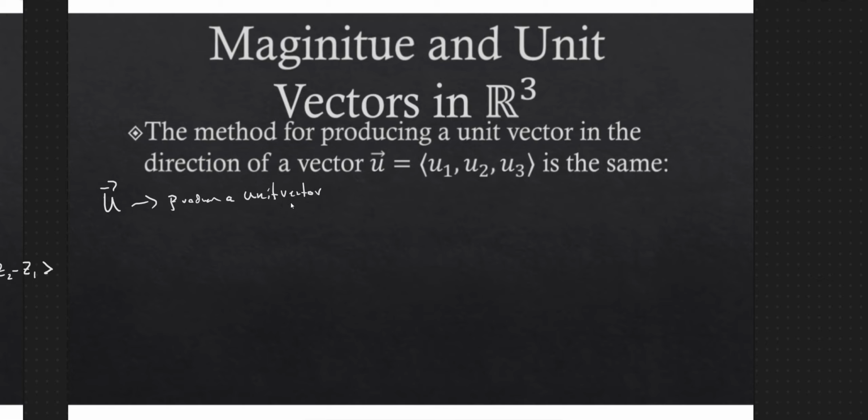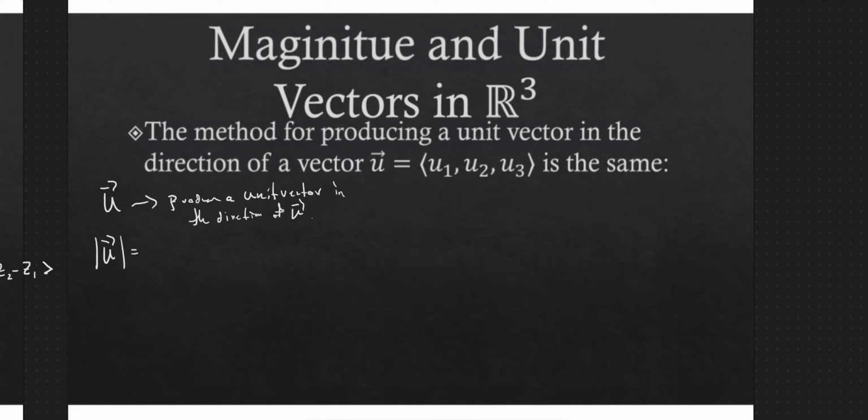Remember, that's a vector of length 1 in the direction of u. So in order to do that, I needed to first find the length. So I wanted to find the length of u, find the magnitude of u.